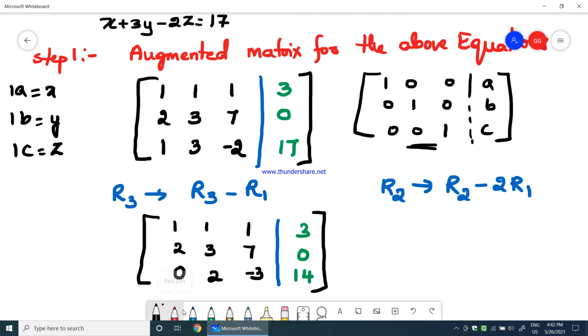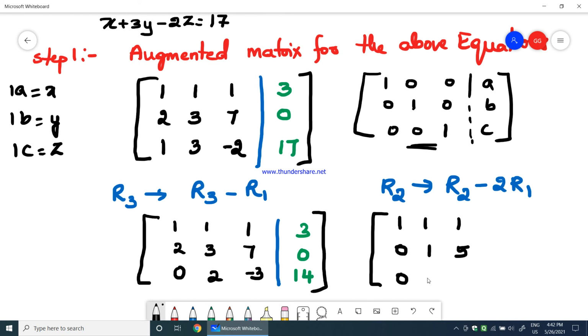Now step by step, that is what I am doing here. The second step is R2. I am going to replace R2 with R2 minus 2 times R1. So I'll write R1 as it is, 1 1 1. Now 2 minus 2 times 1 is 0, 3 minus 2 into 1 is 1, and 7 minus 2 into 1 is 5.